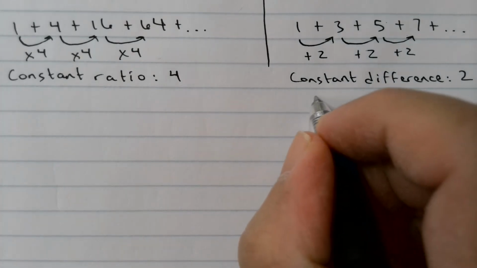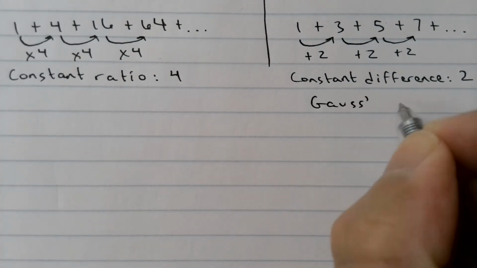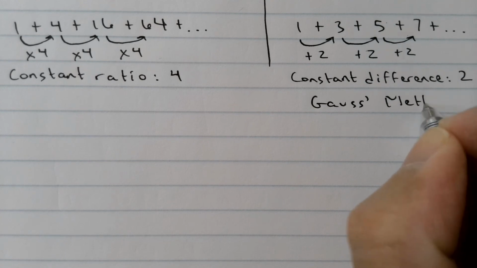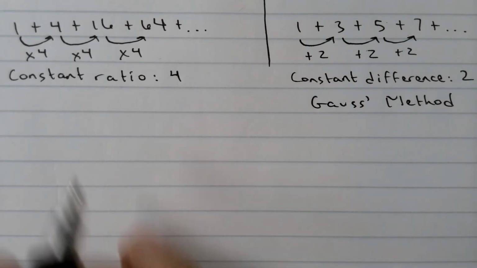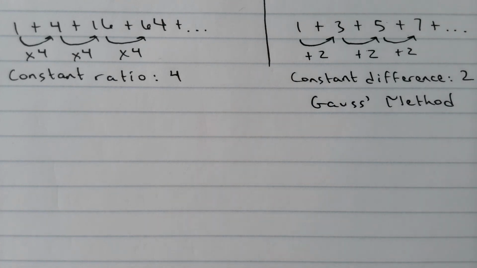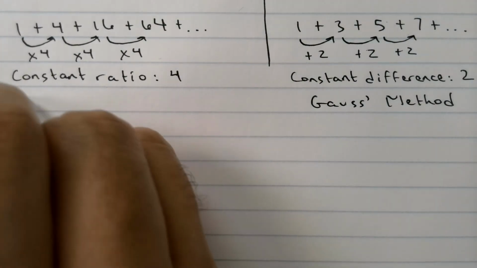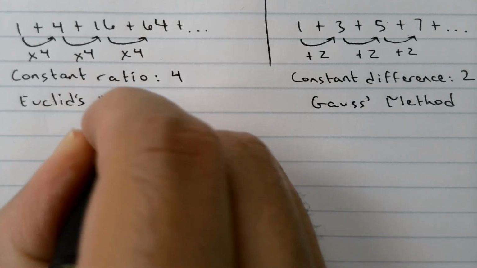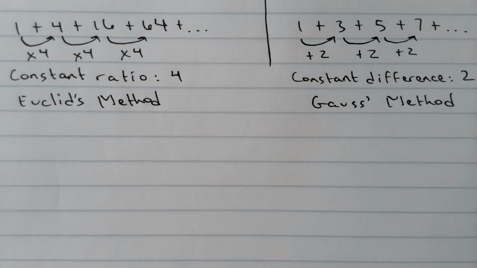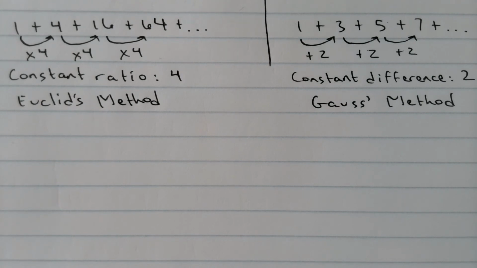And so the Gauss's method would be used here, which you've already been introduced to. And then for this one, since there is a constant ratio, that actually would fit more in line with Euclid's method. So this video is just more of comparing methods in terms of knowing which one to use in order to find a sum of a specific series.